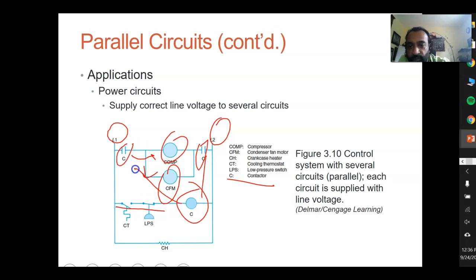The contactor is connected to both to open up the current. And what about this one? This is the heater. So the heater is connected in parallel, if you notice, with this circuit over here, and has the same control as well.